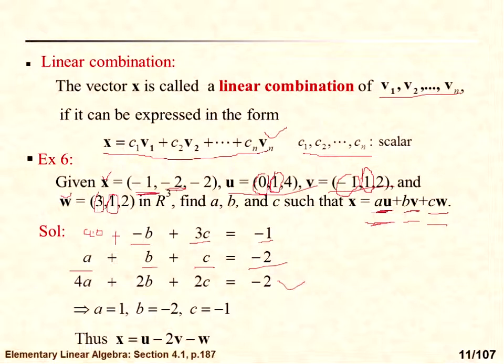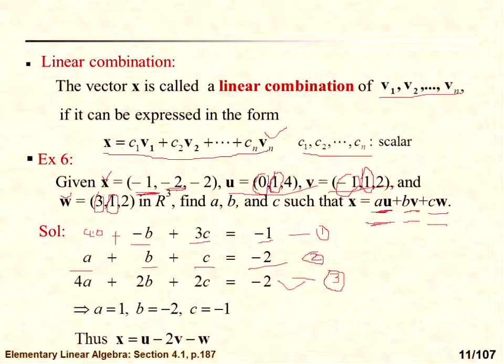Similarly, I write the third element equation. After that, we have three equations: equation number 1, equation number 2, and equation number 3. We have three equations and three unknowns, so we know how we can find the values of a, b, and c. There are so many methods.